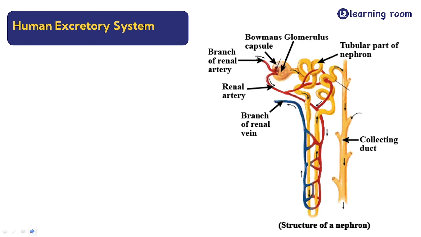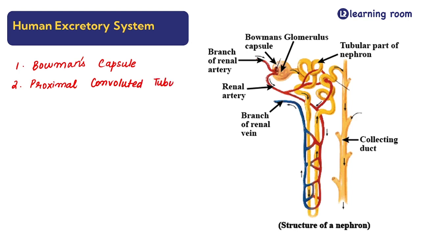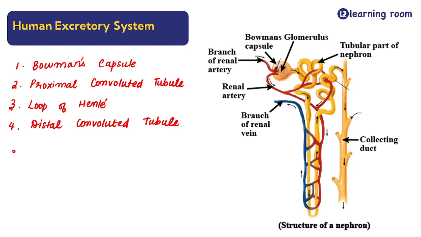The four main parts of a nephron are the Bowman's capsule, the proximal convoluted tubule, the loop of Henle, and the distal convoluted tubule. Each human kidney contains about 1 million nephrons.